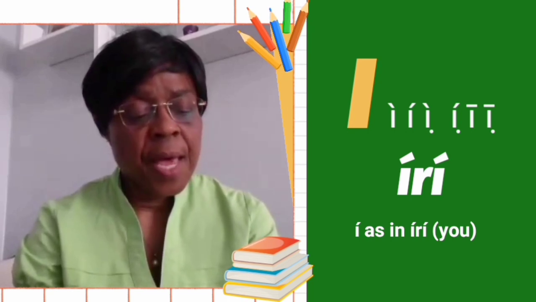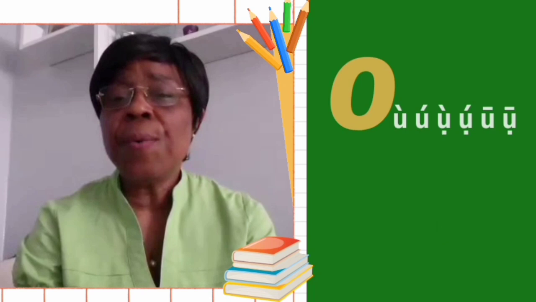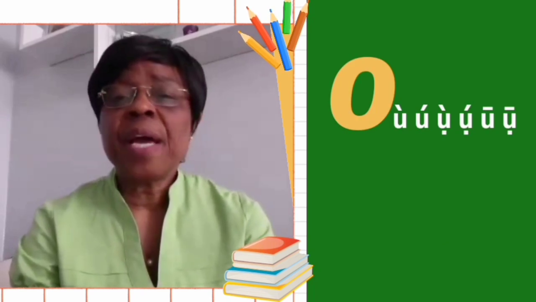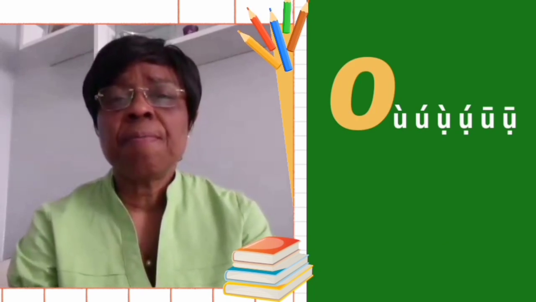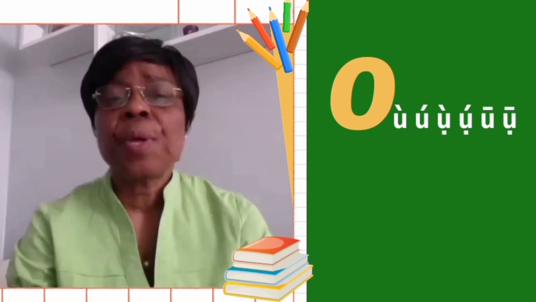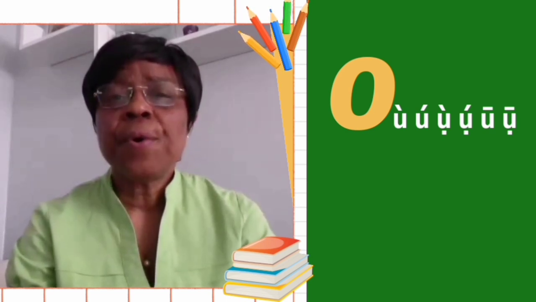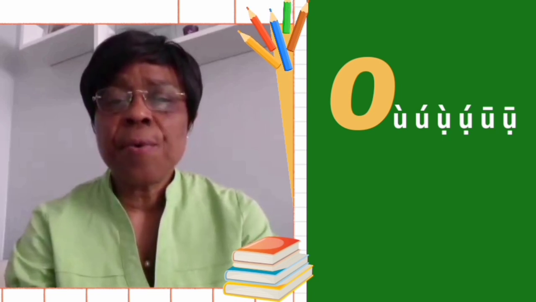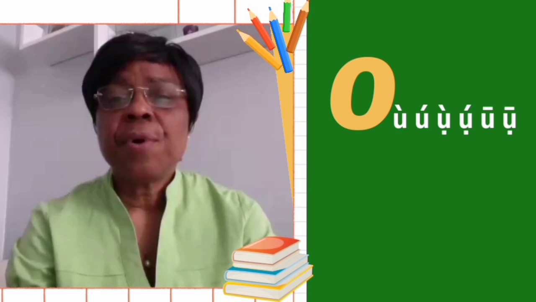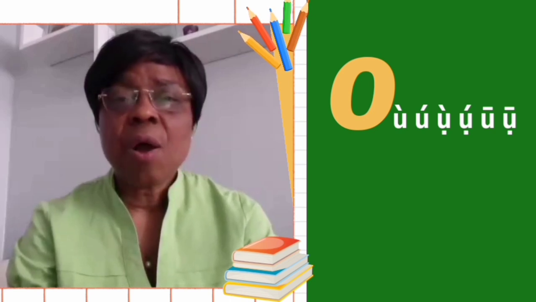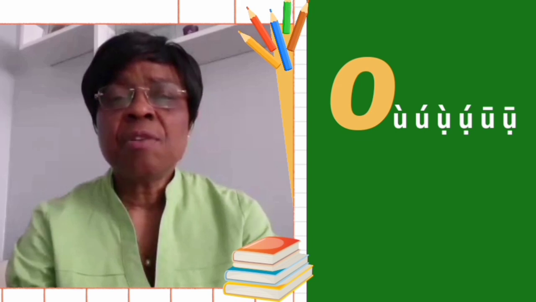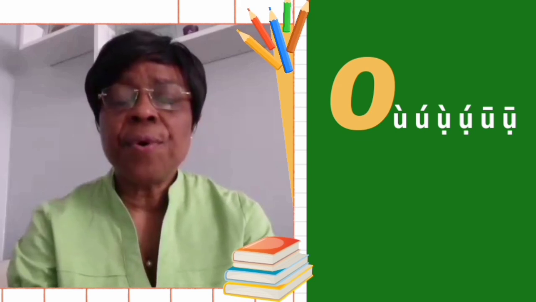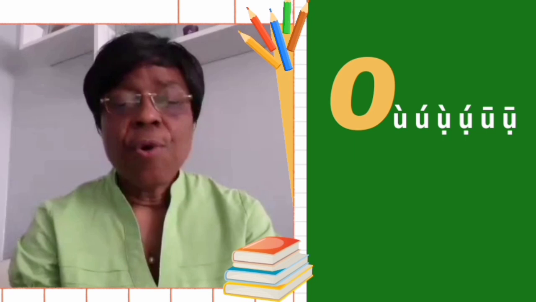Then we go to the next vowel sound, O. In Kirikeni Okwein, we have two sounds for the letter O. We have O, and we also have a second O. And when it's the second O, there's a dot under the O. Let's look for an example of O. Olo.